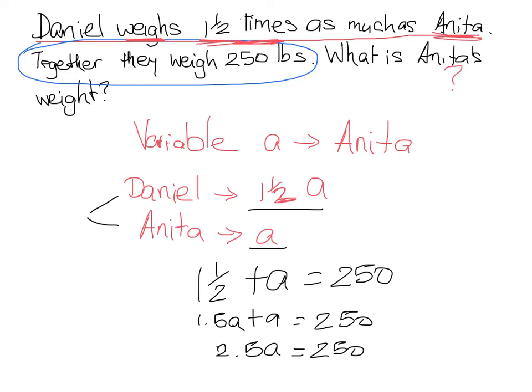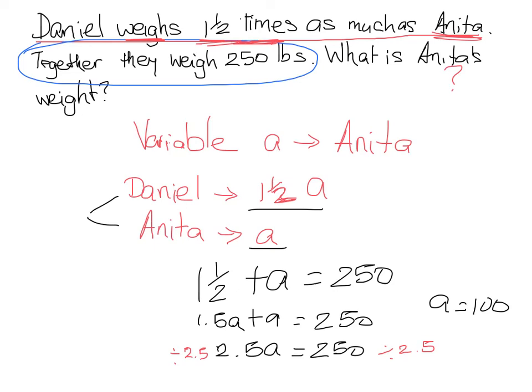Now we can go ahead and divide both sides by 2.5. Once you divide both sides by 2.5, we get that A is equal to 100.